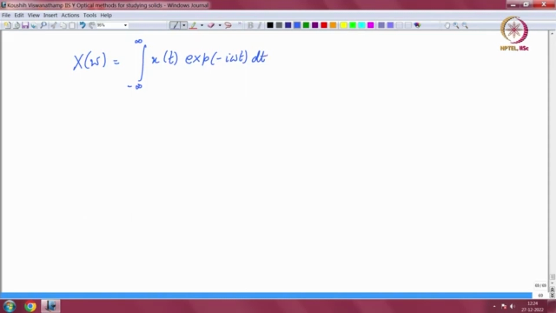Where you have an exponential, i, of course, is square root of minus 1, omega is a frequency, that is the variable that comes out, and t is integrated over. Okay.